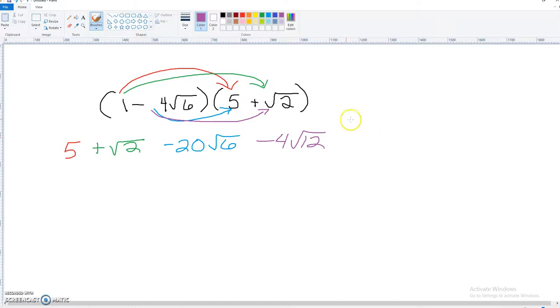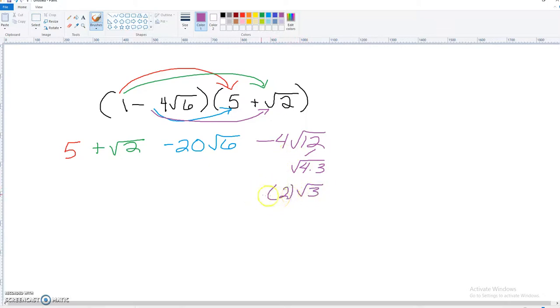Before you finish or submit, you've got to make sure that as you're doing these, every single radical is as small as you can make it. Well, we can't do anything with that 2. The 6 is already as small as it can be, but the 12 can still be reduced, because it's got the perfect square of 4 times 3. So the square root of 4, of course, is 2.